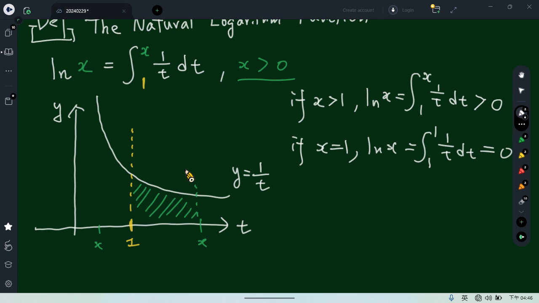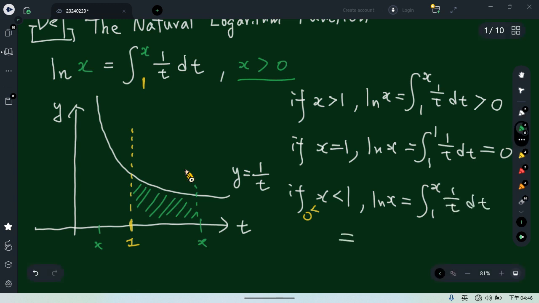And when we consider x less than 1, of course it is larger than 0. Then we can regard the integral from 1 to x of 1 over t dt, and change the position to minus the integral from x to 1 of 1 over t dt.